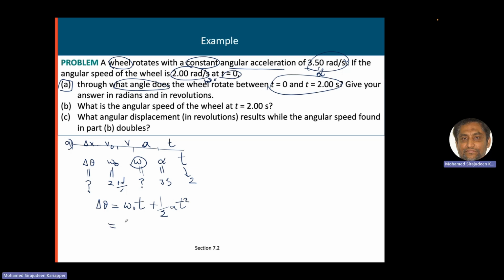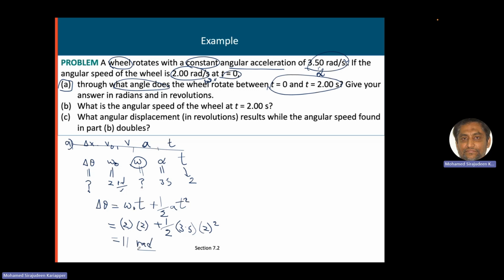Omega 0 is 2, t is 2, plus half, alpha is 3.5, and t is again 2 squared. When you do the calculation, you will get 11 radian. Not meters, but radian. Done.